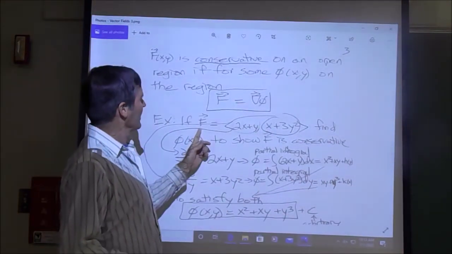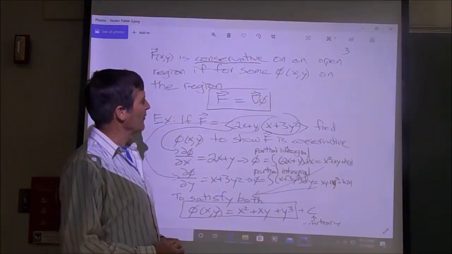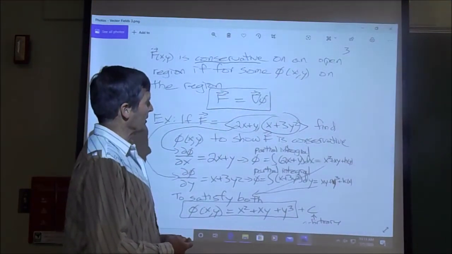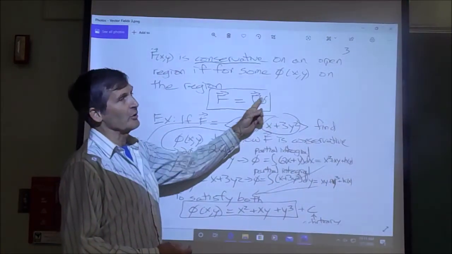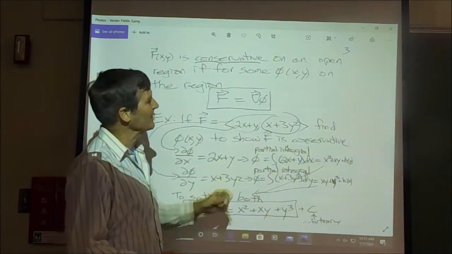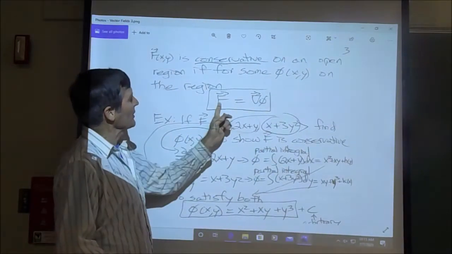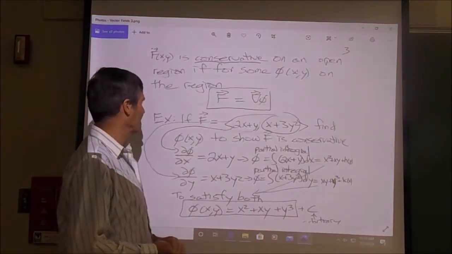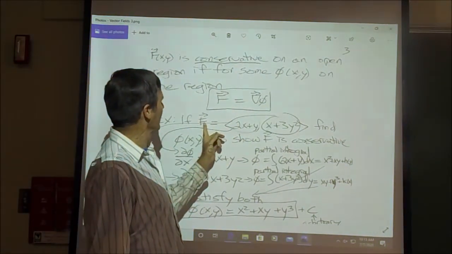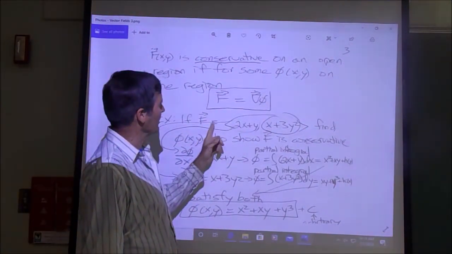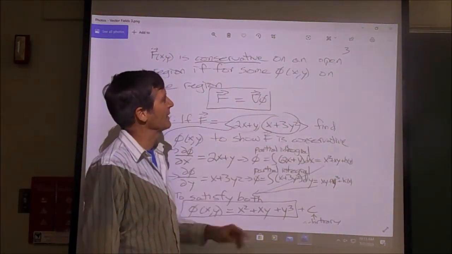Well, here's a vector field f, and we might say find phi to show that it's conservative. Can we find the function phi that shows that this is actually a conservative vector field f? What we want in order for this to be a conservative force is that this has to be d/dx of something and this has to be d/dy of something, so it's a gradient.